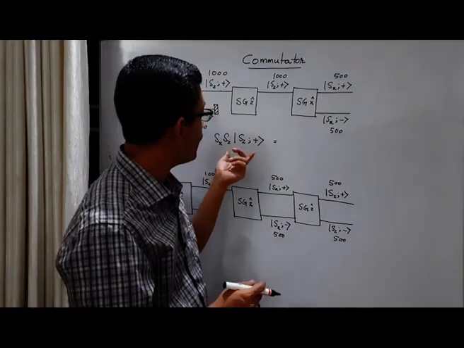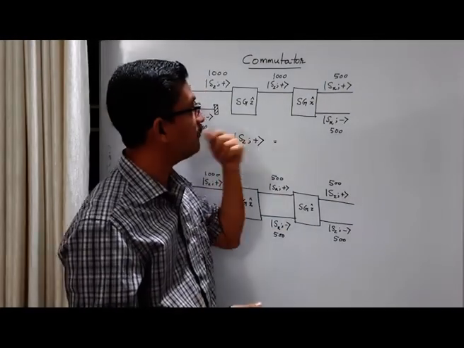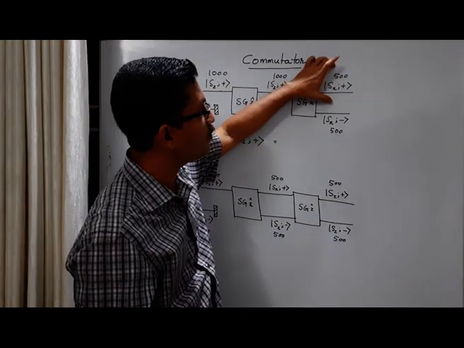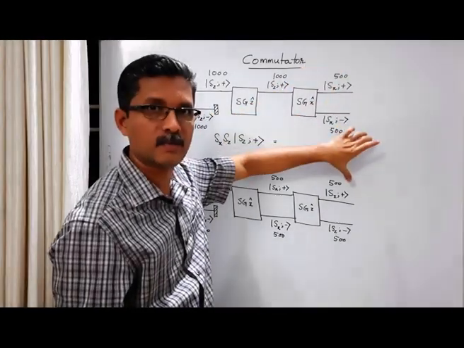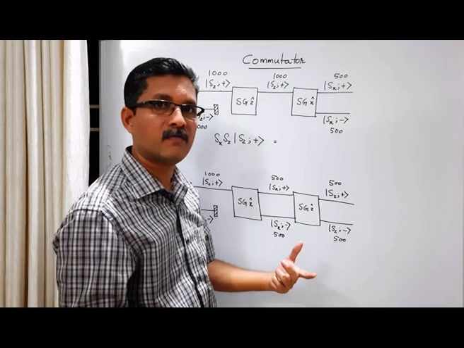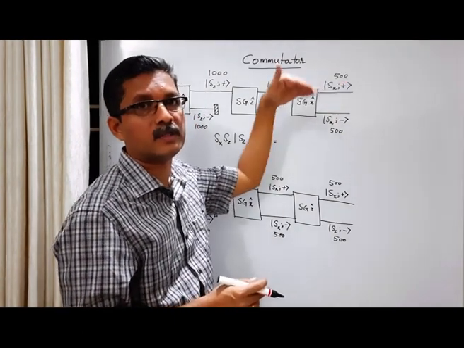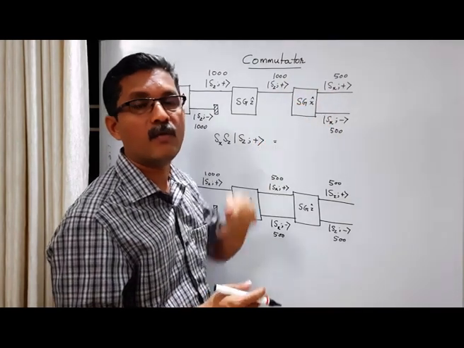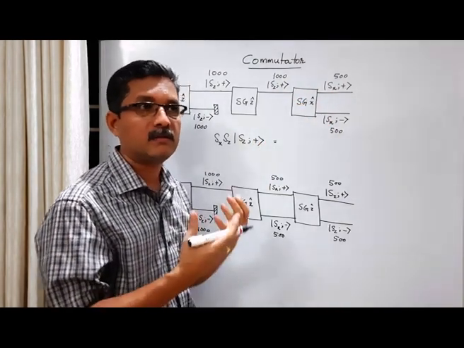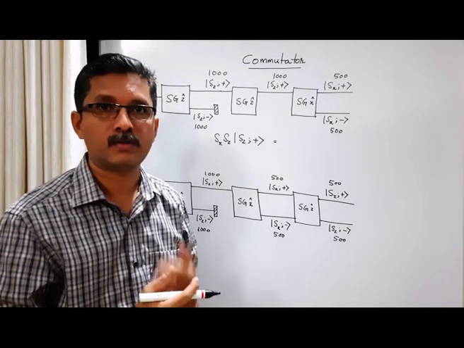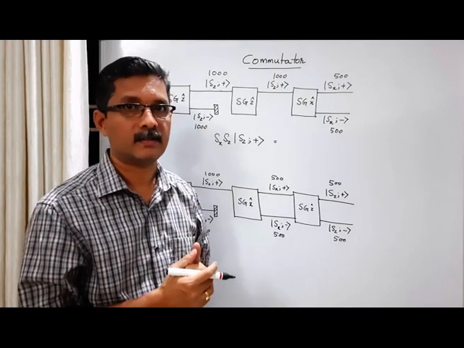So the outcome is a linear combination of the Sx plus state and the Sx minus state, and the expansion coefficient will be the square root of the probability. The probability is 1 by 2, so the expansion coefficient in each case will be 1 by root 2. We know that the square of the expansion coefficient gives the probability of getting each eigenket.